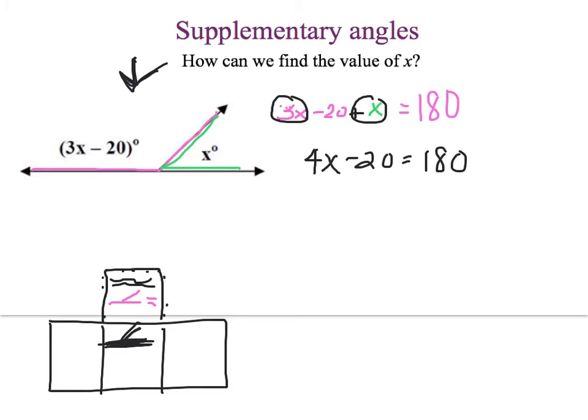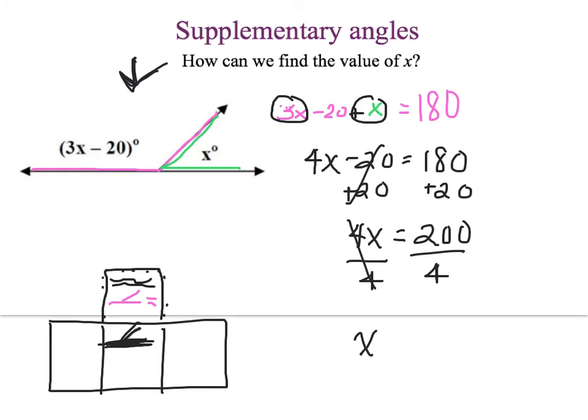So now I have a two-step equation, and I'm going to solve for x. So since this is a minus 20, I'm going to add 20 to both sides. I'm left over with 4x equals 180 plus 20 is 200. I'm going to divide both sides by 4.